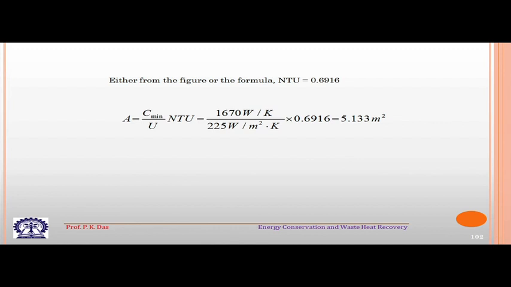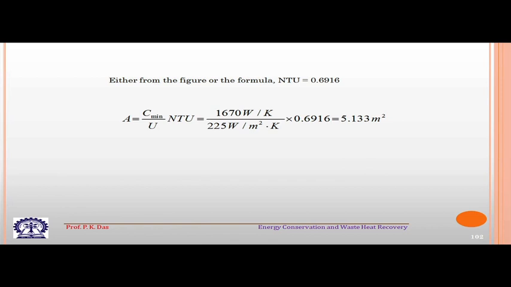So, you see, we have used the LMTD method or LMTD correction factor method. By that, for a heat exchanger, we have calculated the surface area needed. We have used the effectiveness NTU method. By that also, we have calculated the surface area of the heat exchanger needed.